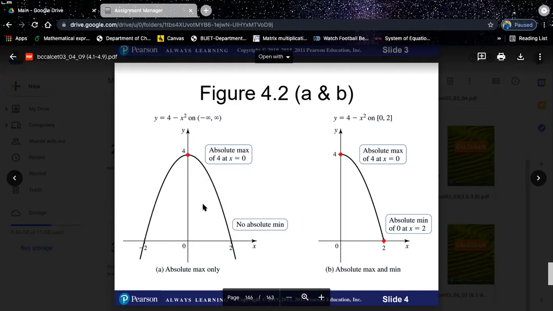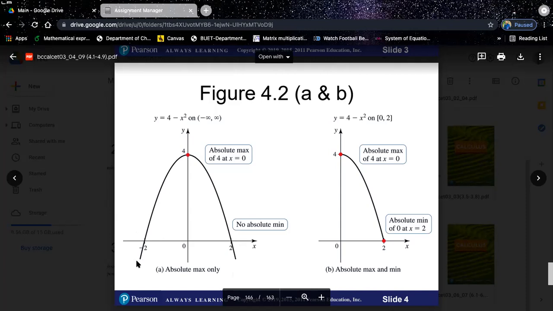Can you eyeball a minimum value from this? Anyone? And the answer is no, right? Because you can see the graph actually keeps going on. It doesn't really stop. It keeps going on.